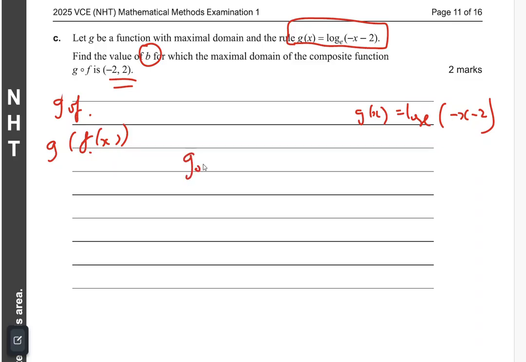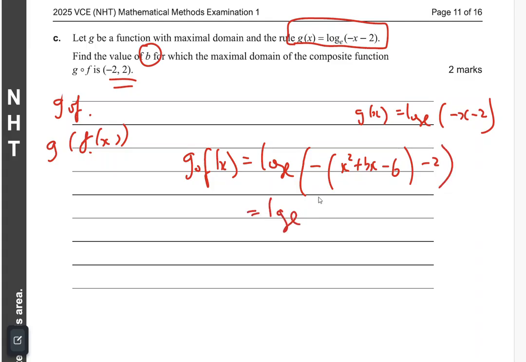So G of f of x is going to equal log base e of minus x squared plus bx minus 6 minus 2, which is log base e of minus x squared minus bx plus 4.